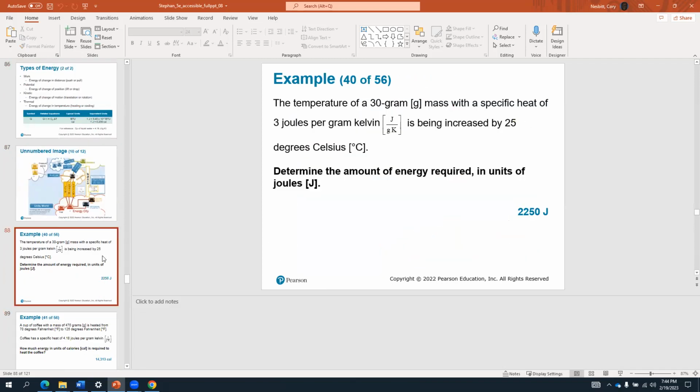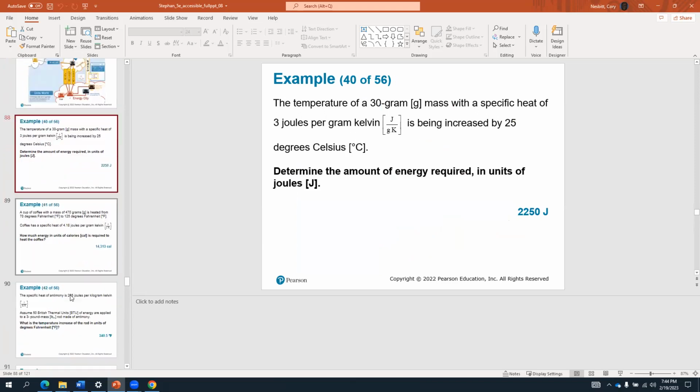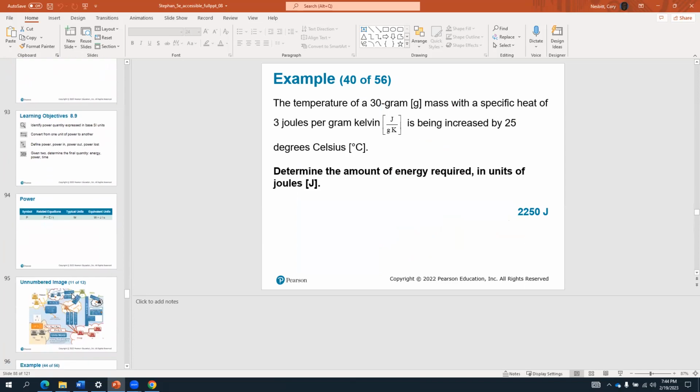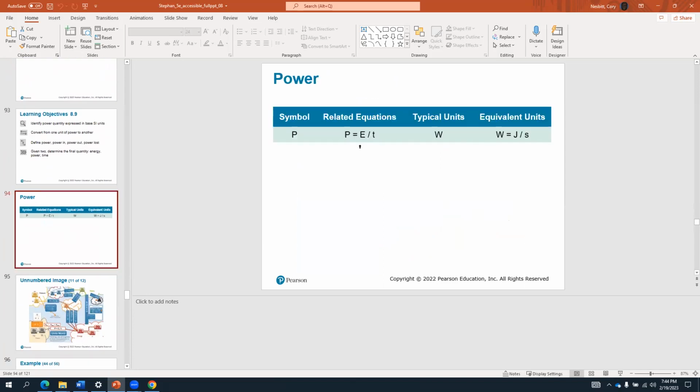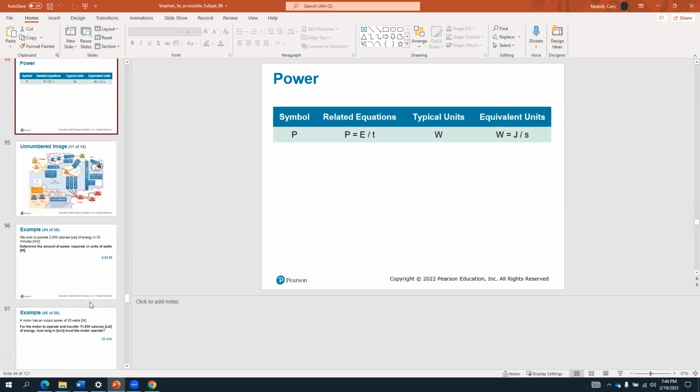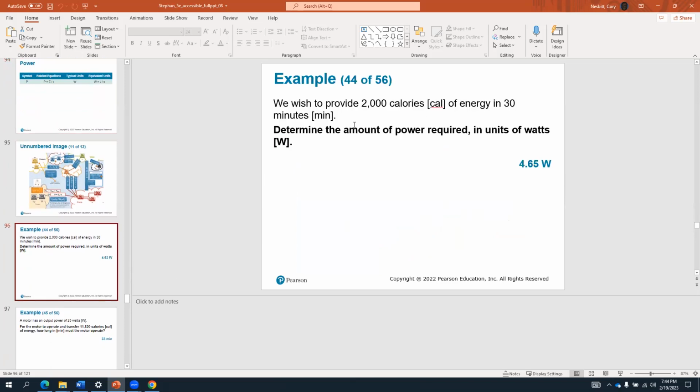So we know power is energy over time. And so what you would do for this particular problem is, first you would convert calories to joules. Then you would convert time in minutes to seconds. So 1 joule is equal to 0.239 calories, so you divide 2,000 calories by 0.239.